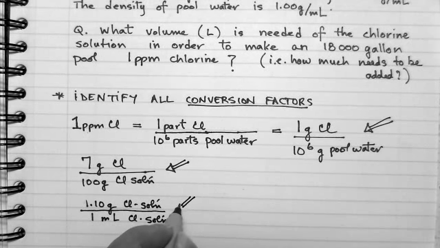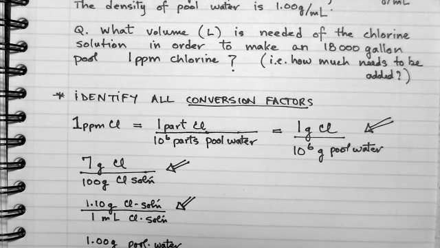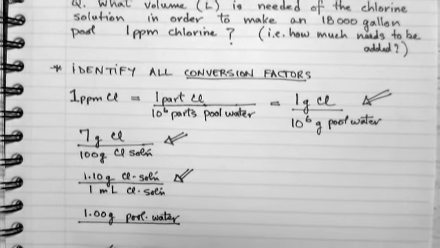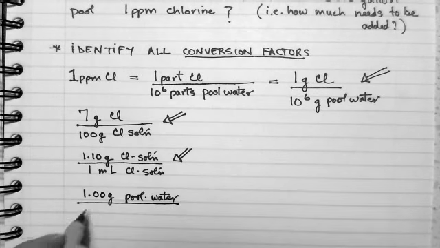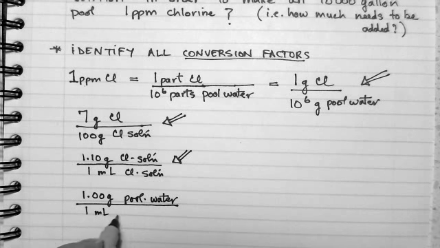Okay, there's another conversion factor. We also have the density of pool water, 1.00 grams of pool water in 1 mil, or occupies a volume of 1 mil of pool water.